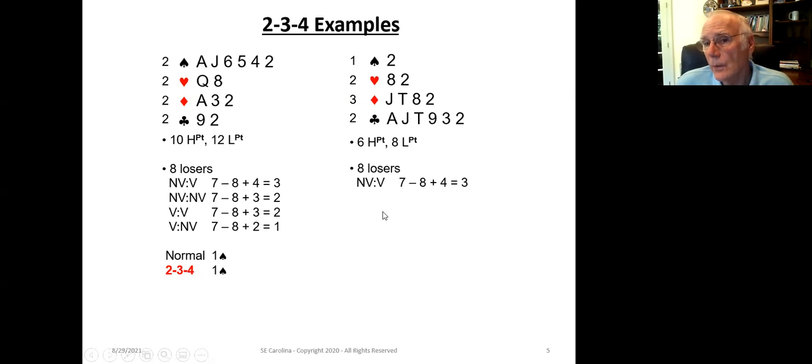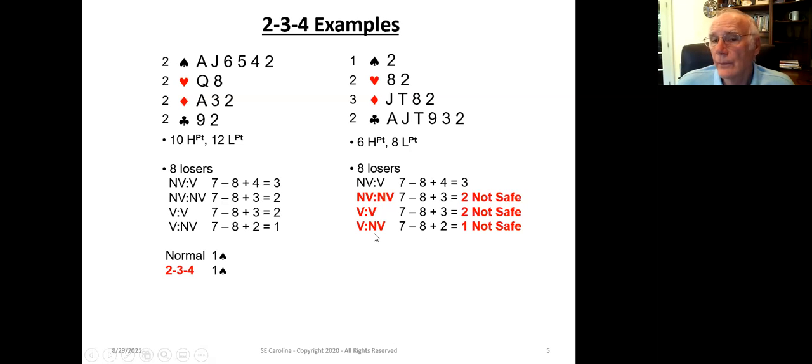Now let's see if that holds true as we get into equal vulnerability. Well, no. With equal vulnerability, not vulnerable or vulnerable, it's not safe to bid to the 3 level. And with vulnerable versus non-vulnerable is definitely not safe to bid.